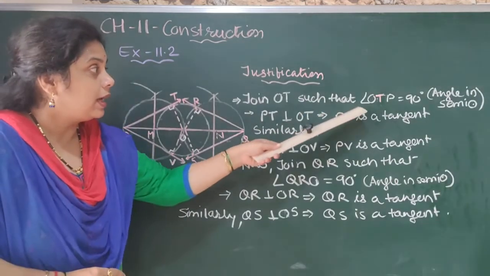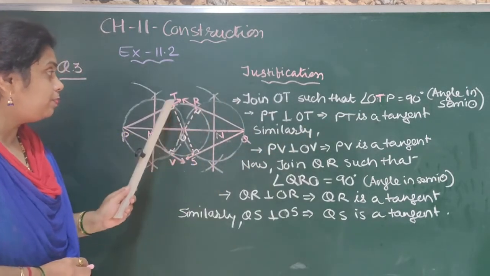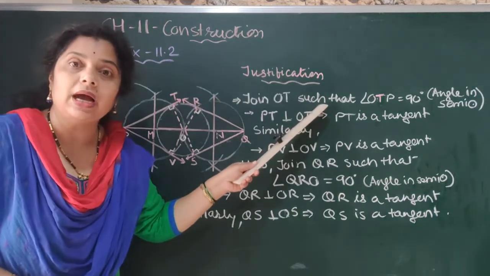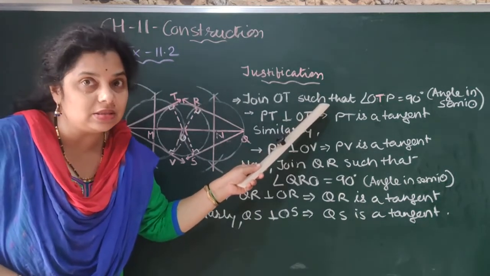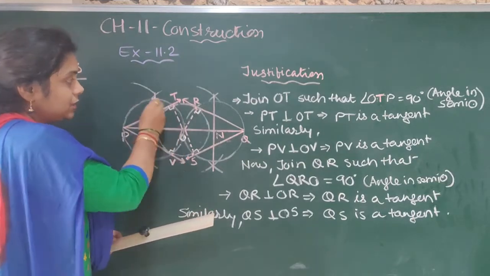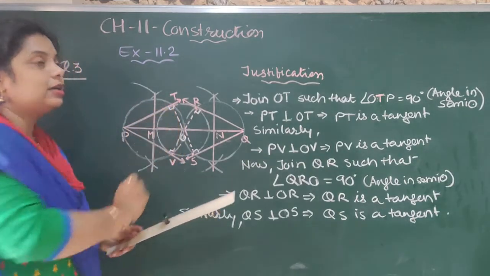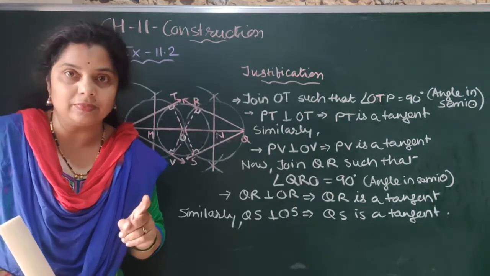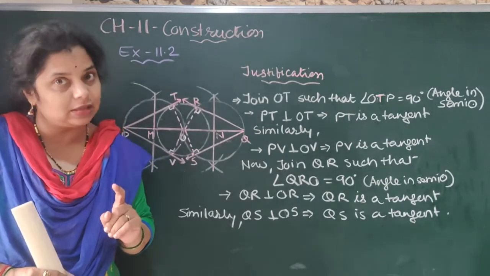So here, as angle OTP is 90 degrees, the reason we have to mention is that it is a semicircle, and any angle subtended in a semicircle is 90 degrees. Remember this thing. Is it clear?